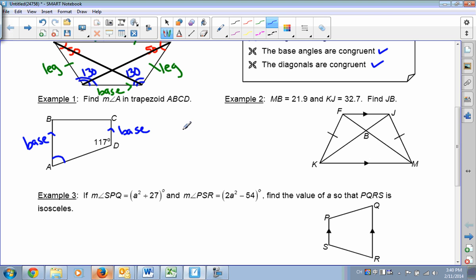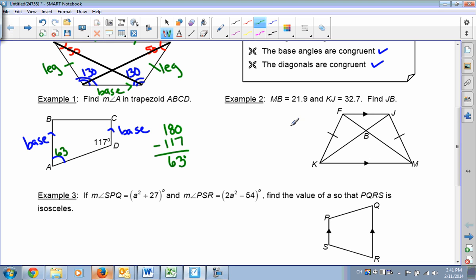How are we going to find it? Yeah, because what are A and D? Supplementary. They're supplementary angles, so you know they have to add to 180, so what would you do to find A? Right. 180 minus 117, and what do we got? 63. Very good. Trapezoids are very easy.